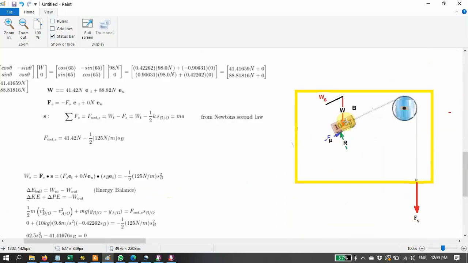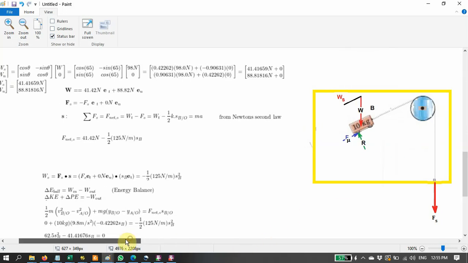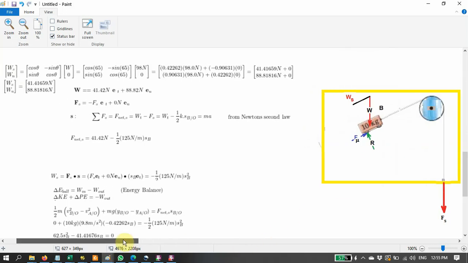You can treat it as a free body diagram, but in this case I just consider using the active force diagram, right? So we would like to know what the component of force acting by weight is. I'm just using the s coordinate system, and the angle taken will be from here to there.